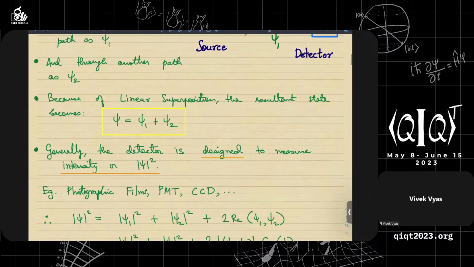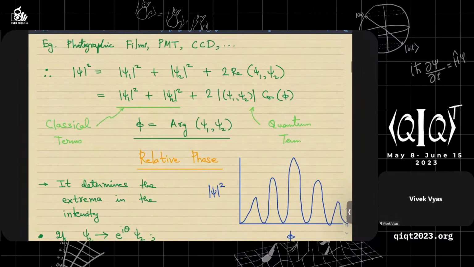When you attempt to do that, you find that this mod squared can be broken up and written as the sum of the two intensities due to psi1 and psi2, plus twice the real part of the inner product of psi1 and psi2, which is elementary.